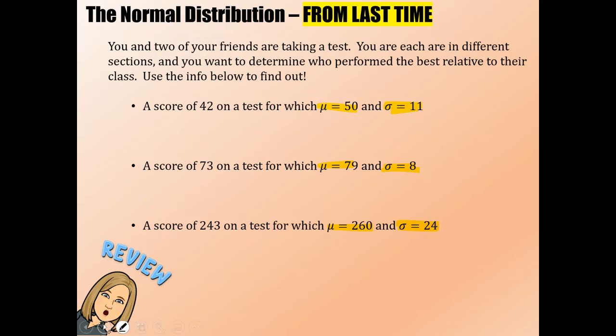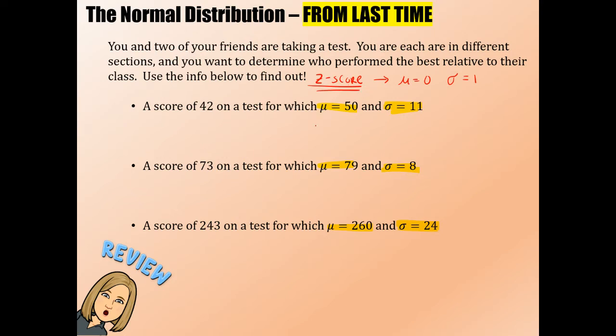Therefore, we want to figure out the z-score. The z-score is how many standard deviations above or below the mean. We're assuming that the mean, or mu, is 0 and the standard deviation is 1, and asking how far above or below the mean you are.